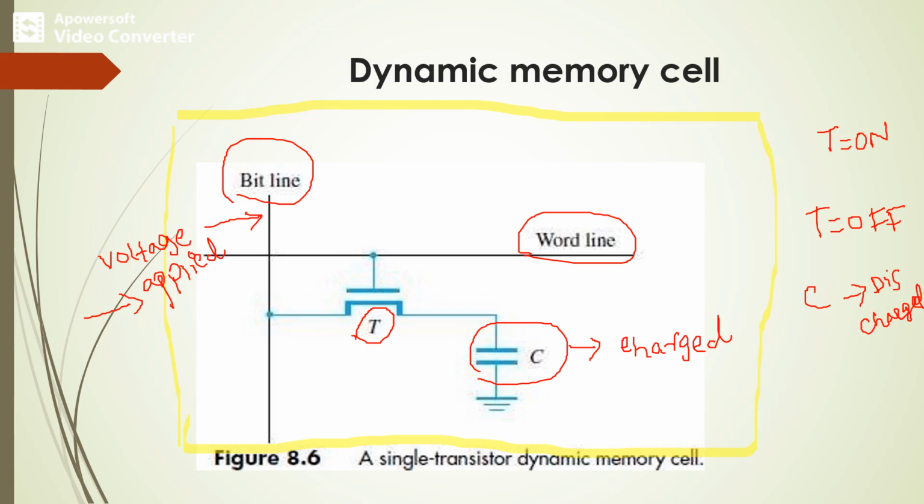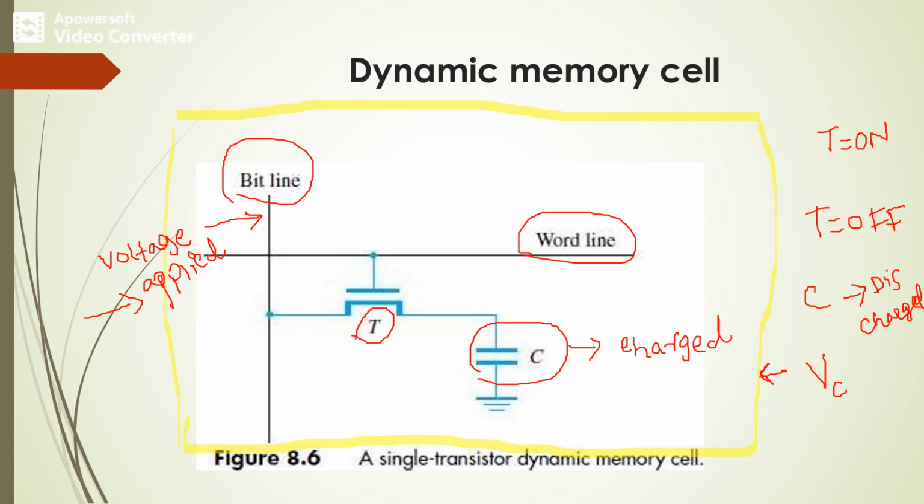Hence, the information can be retrieved if it is read before the charge on the capacitor drops below some threshold value. Whenever the transistor T is off, C starts discharging. While reading the information from this cell, we have to check the capacitor voltage Vc.